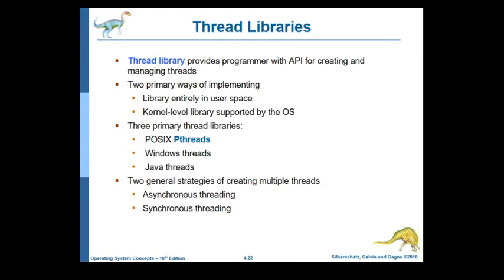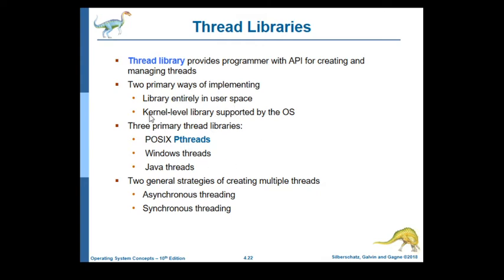So all code and data structures for the library exist in user space. This means that invoking a function in the library results in a local function call in user space, not a system call.